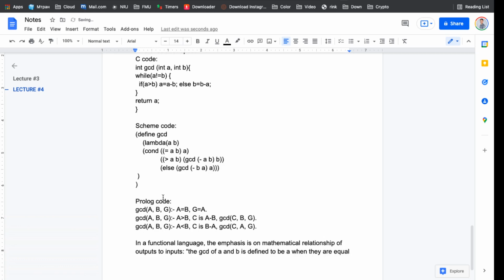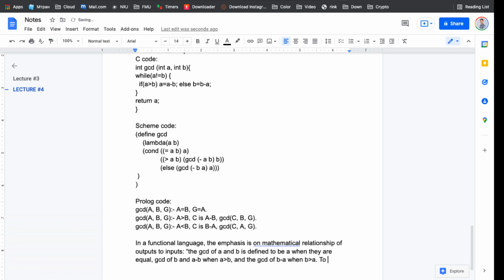Imagine this is the code, and that's how you would read that code. When they're equal. Next, GCD of B and A minus B when A is greater than B, and the GCD of B minus A when B is greater than A.